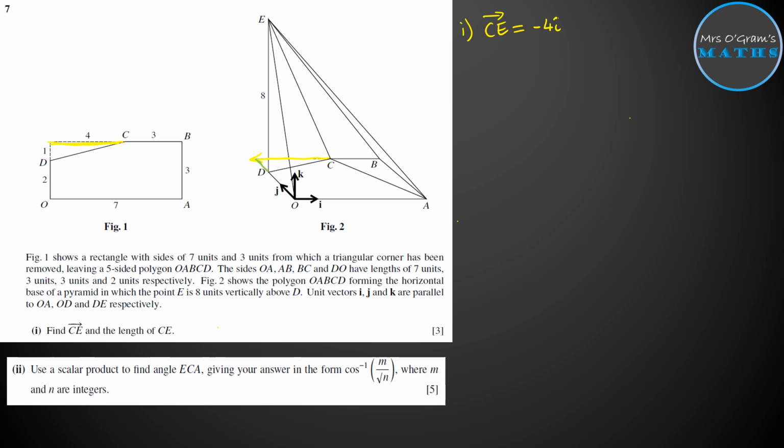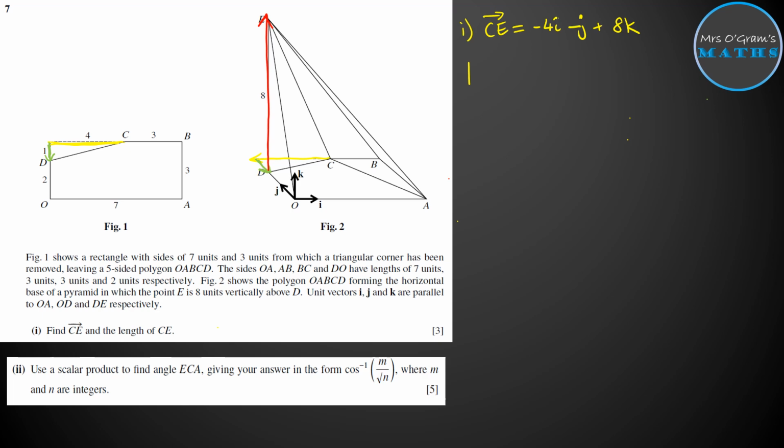This one is also negative, so we're getting from the corner of the rectangle, still kind of on the bottom of that plane, to D and we're going by 1 in the negative direction of J, so we get a minus J added to our route, and then we need to go up 8 to get from D to E. We're going to move up by 8, so we're going to go 8 in the K direction, so we get a plus 8K.